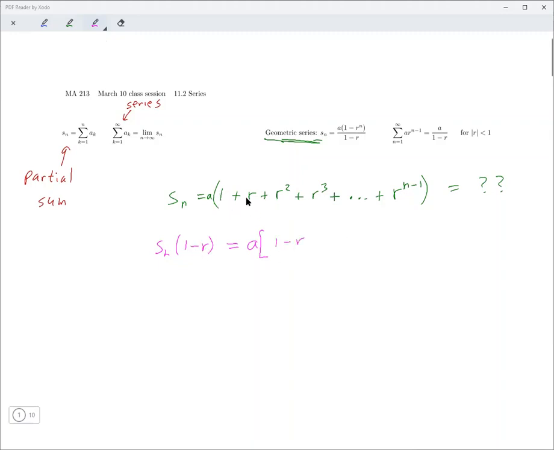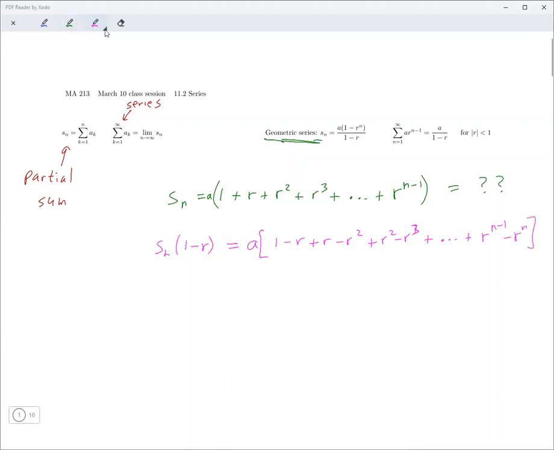If I multiply by this term, it's r minus r squared. And if I multiply by that term, it's r squared minus r cubed. Okay, and going to keep going. 1 minus r times the last term is r to the n minus 1 minus r to the n.